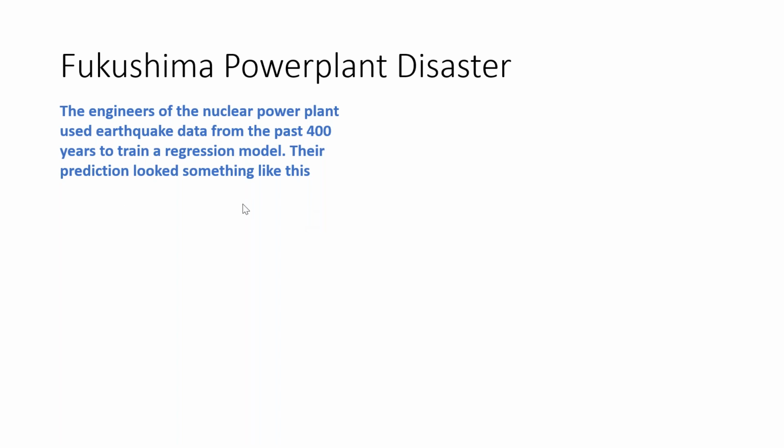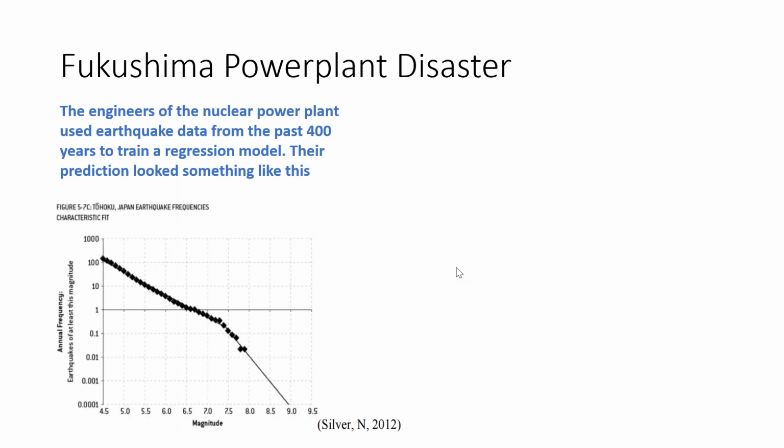So basically the engineers of the nuclear power plant used earthquake data from the past 400 years to train a regression model. When they built the model, it looked something like this. If you look at the dark diamonds there, that is your scatter plot.